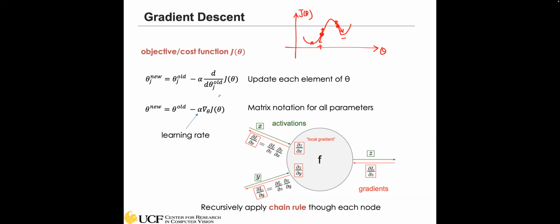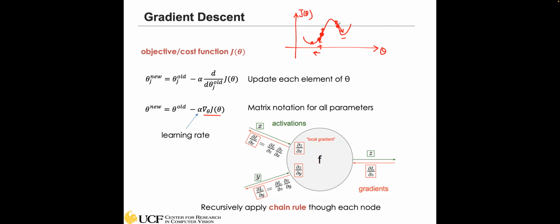The slope is positive and alpha is positive, so I'm subtracting some positive value, which means I'm moving in this direction. Maybe next step I'm moving here. That's the right direction to go, because I'm trying to minimize the cost towards this local minimum.